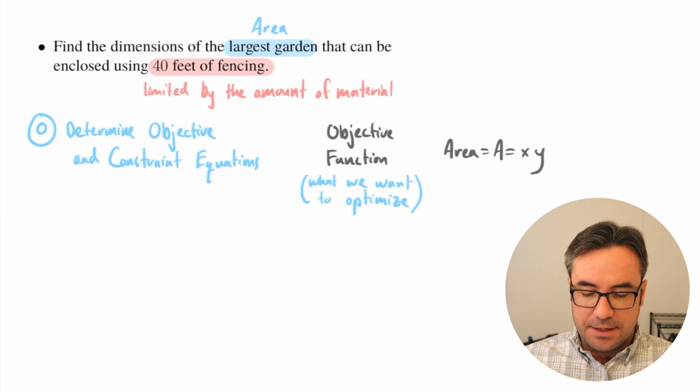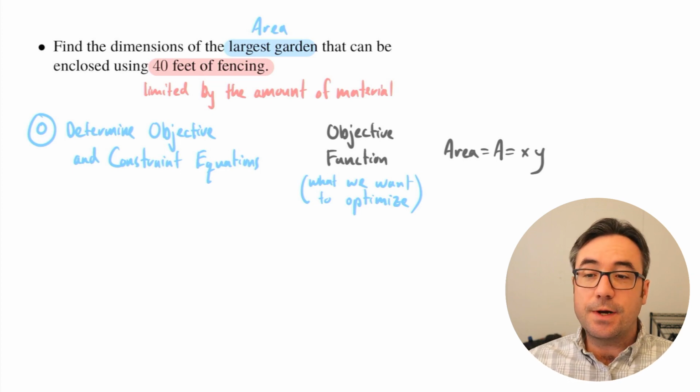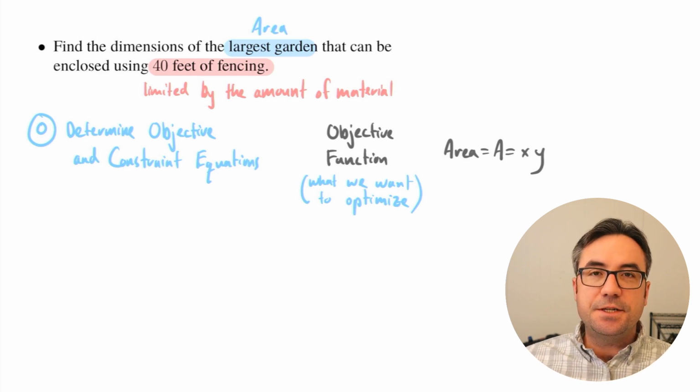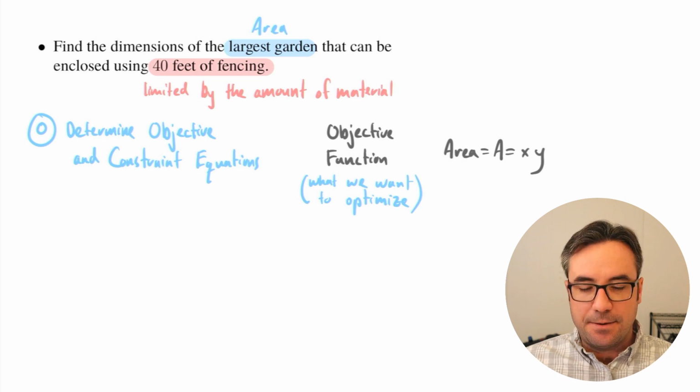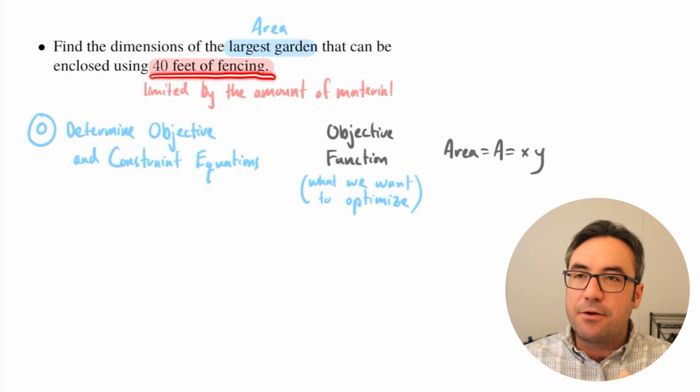All right, so then we also want to figure out the constraint equation. So our constraint equation is the information that we're given that puts some restriction on what x and y can be. And in this case, it's the amount of material.